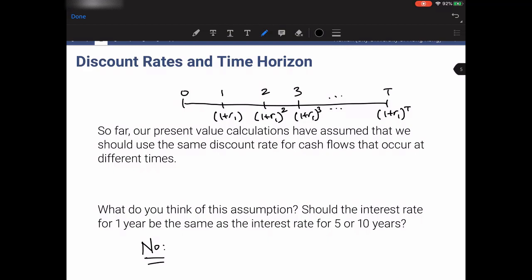And the reason is what's called interest rate risk. I want to emphasize here that interest rate risk is fundamentally different from what you should expect from the return you get on equity investments, because interest rate risk typically comes from the macro economy.